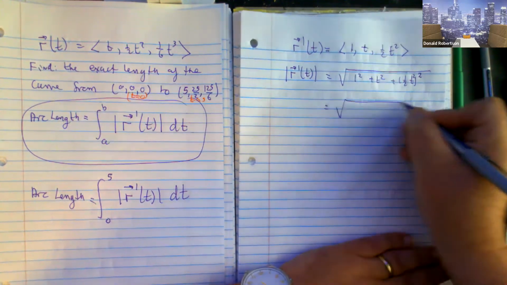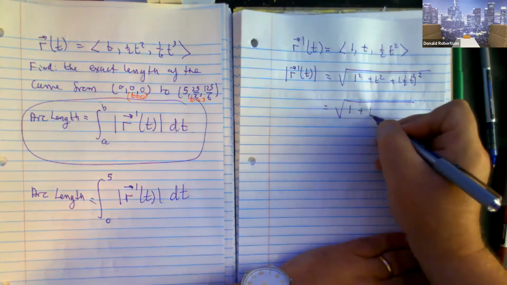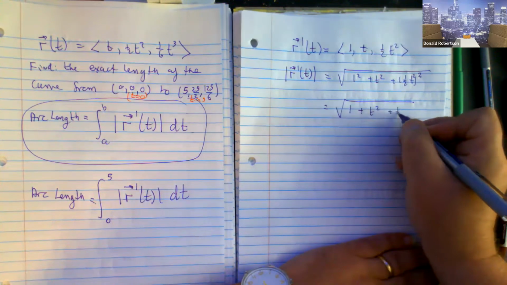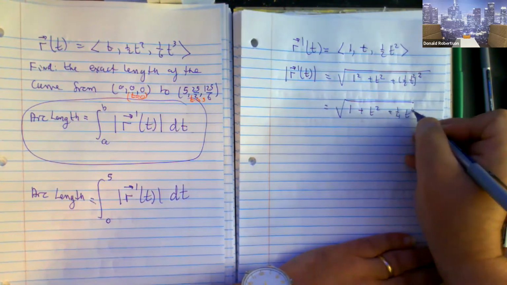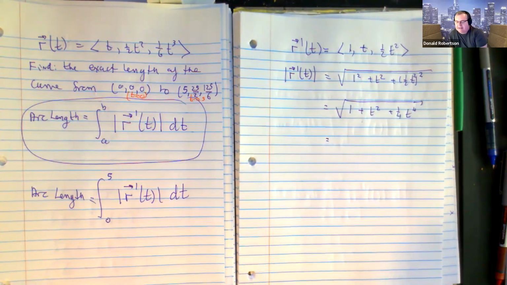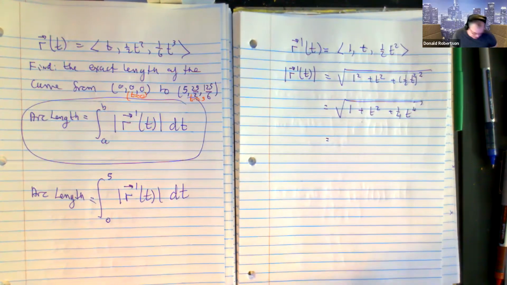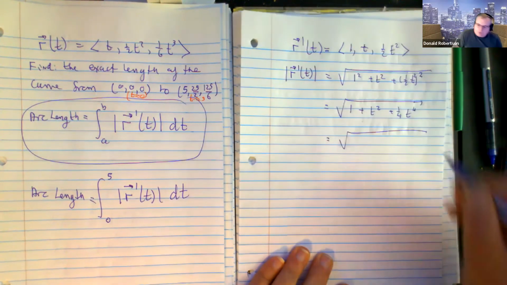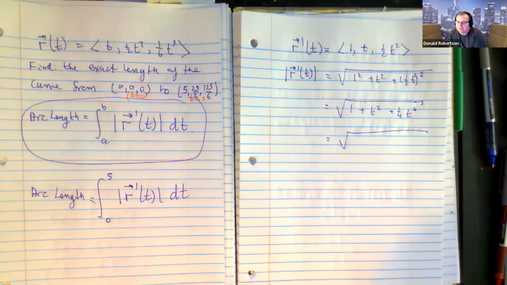So it's going to be 1 plus t squared plus 1/4 t to the 4. Now, you know you want this to look pretty. Do you see a perfect square?